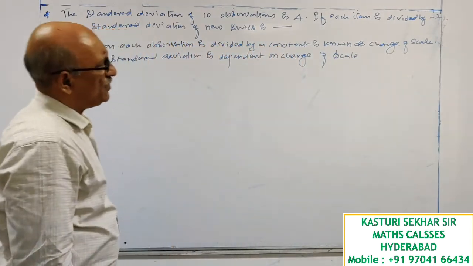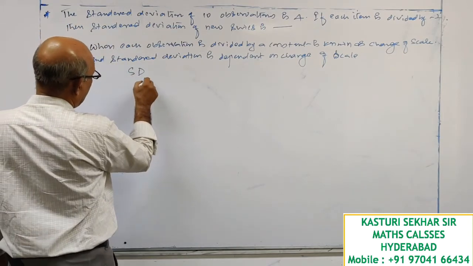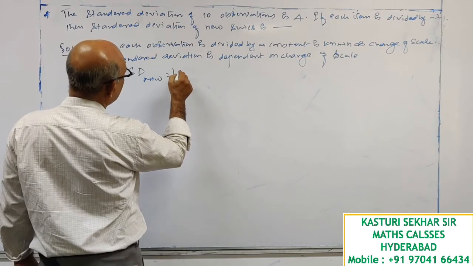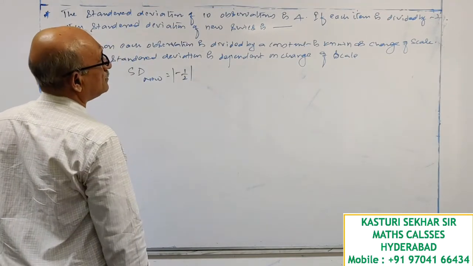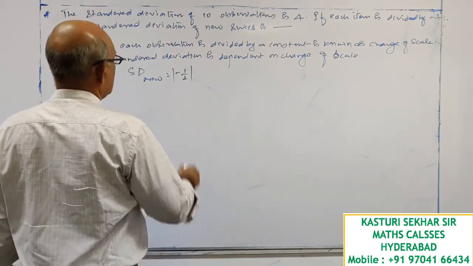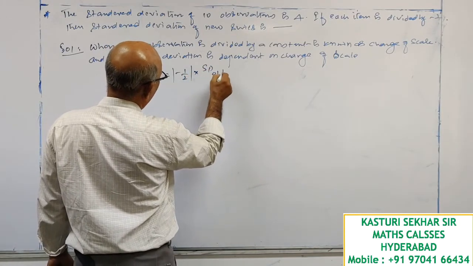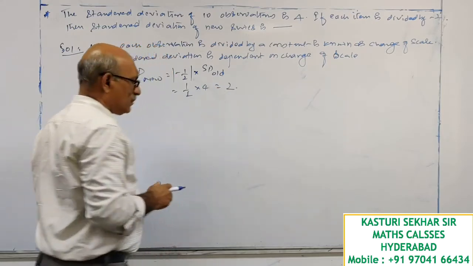So standard deviation of new is equal to modulus of -1/2 into standard deviation 4. That is 1/2 into 4.